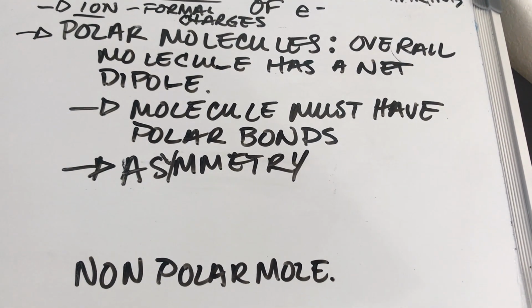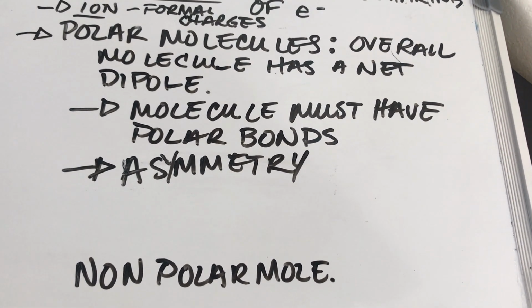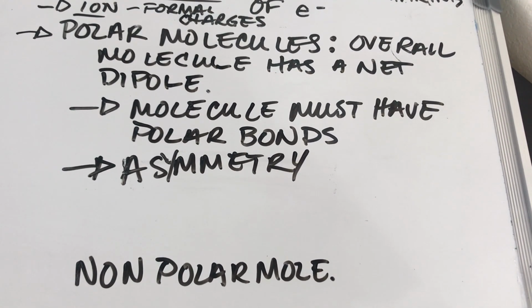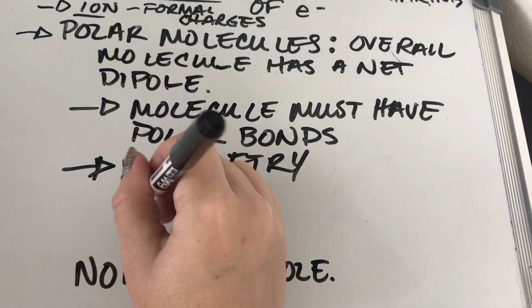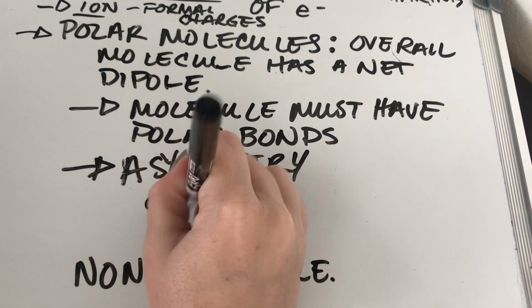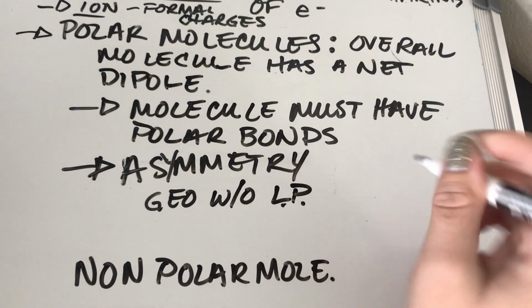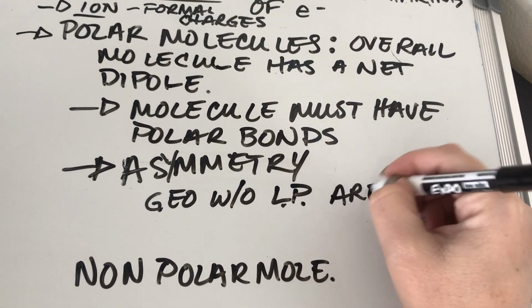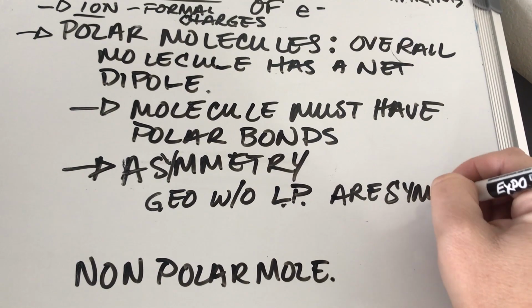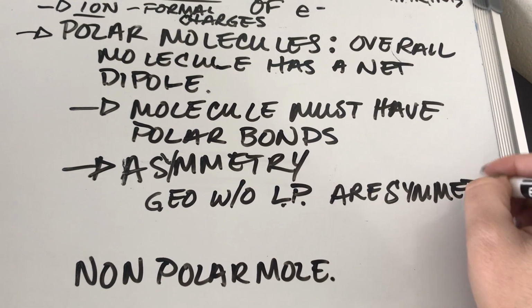Okay, so asymmetry. What the heck does that mean? When we talk about our geometries, any of the geometries without lone pairs are symmetric.